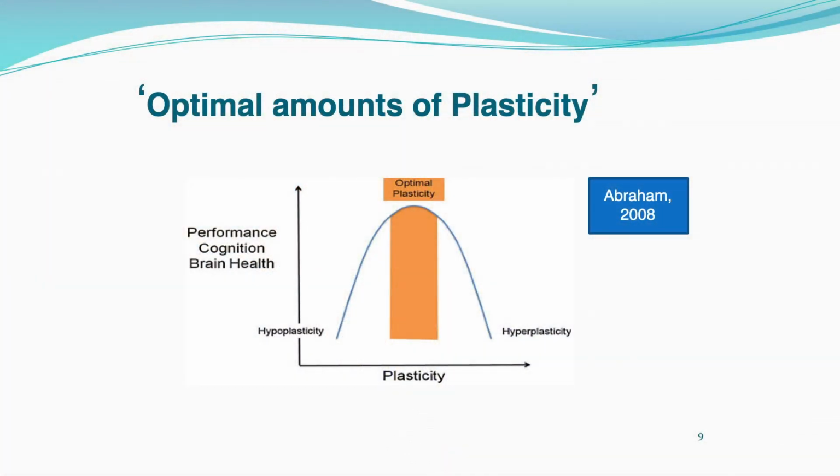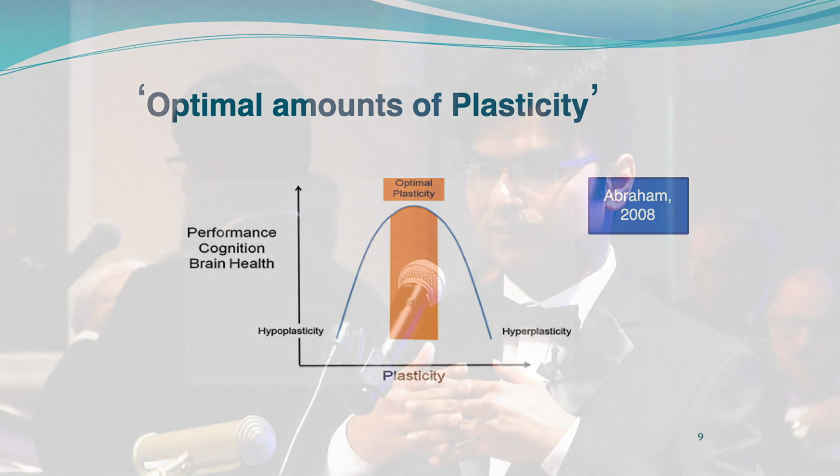We're talking about needing an optimal amount of plasticity. For our performance, for our cognition, for brain health, we need an optimal level of plasticity. If the brain is less plastic, then cognition and performance will suffer. And if the brain is way too plastic, it is not good either, because that will lead to chaotic brain connections.